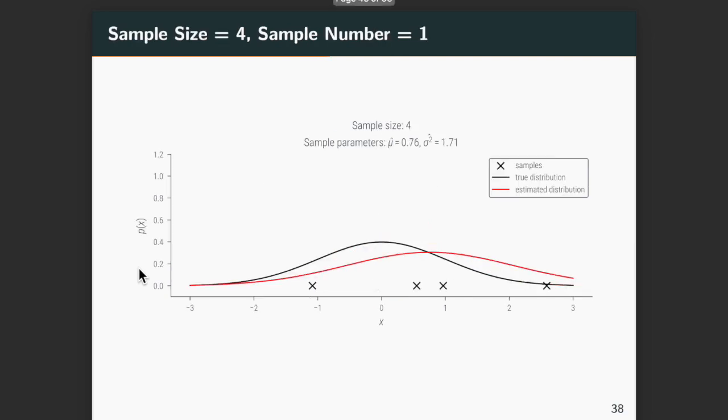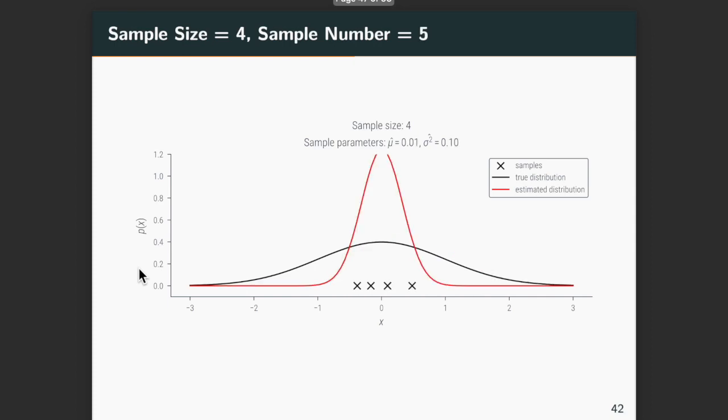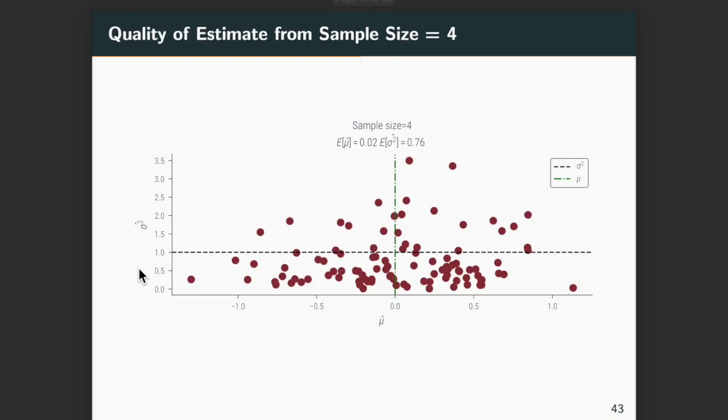And then we saw that as we increase the dataset size, a few things happen. What happens to the spread along the x-axis? The spread decreases as you increase the size of the dataset, but the mean still remains unbiased.